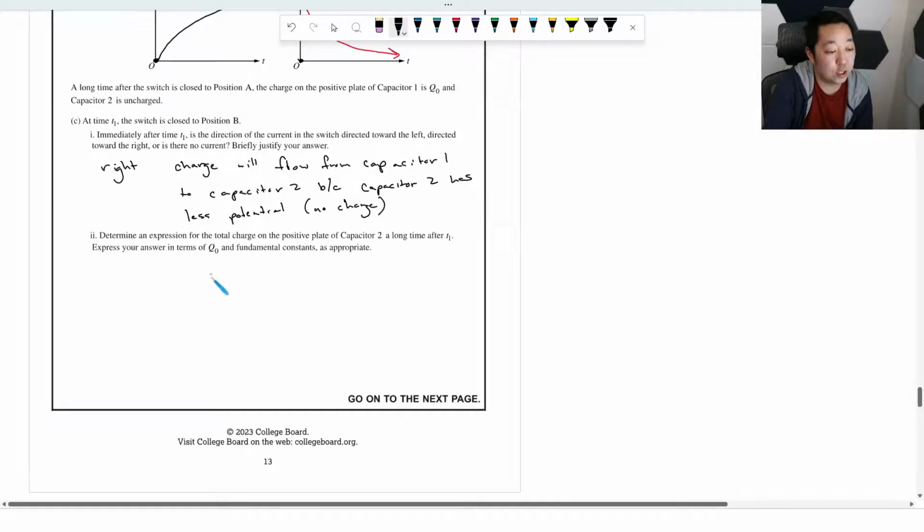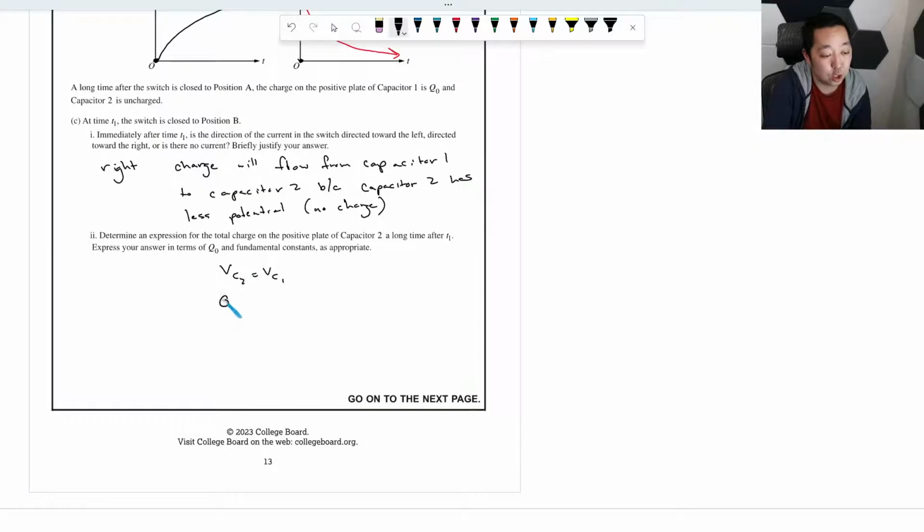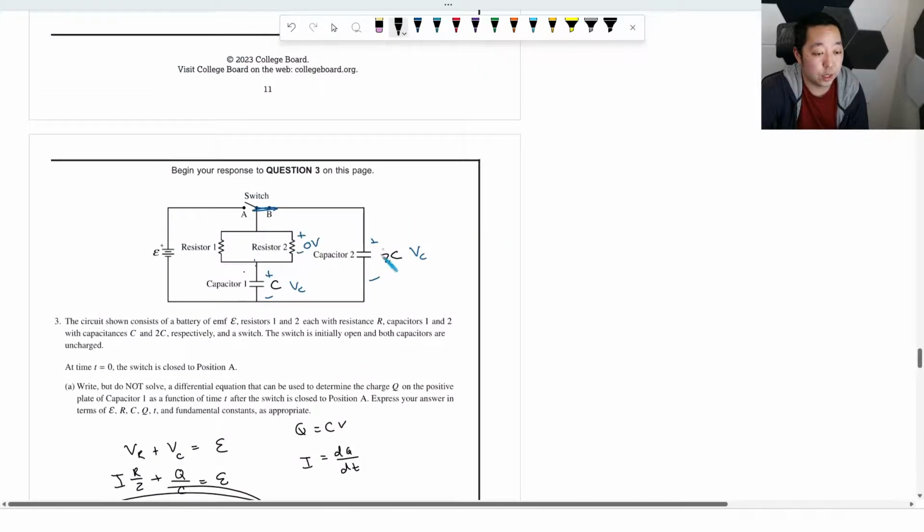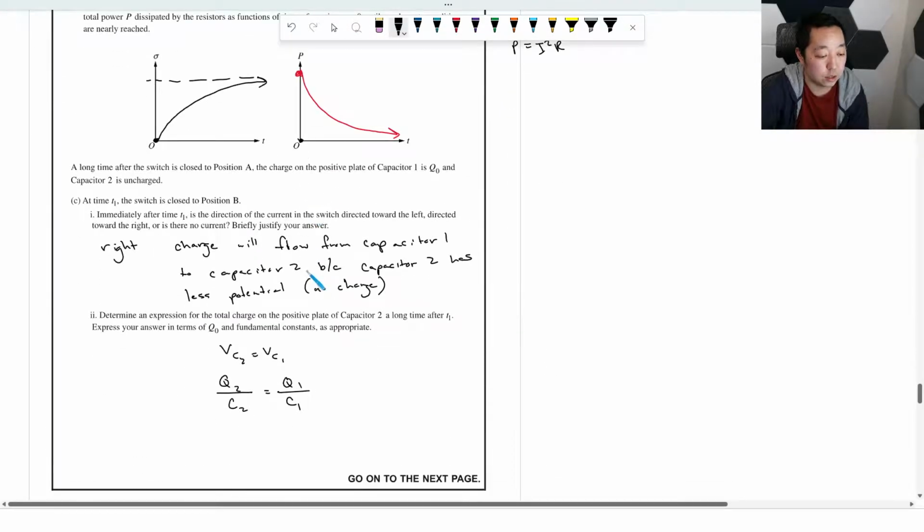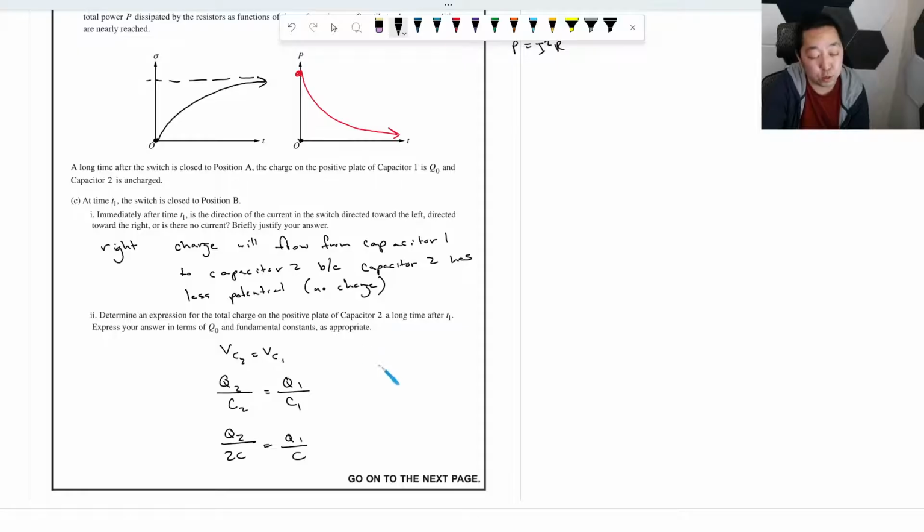So you know that eventually VC2 equals VC1, which means Q2 over C2, right? Q equals CV, equals Q1 over C1. But C2 is 2C and this is C, so this would be Q2 over 2C equals Q1 over C. And you know that we started off with Q0 charge.